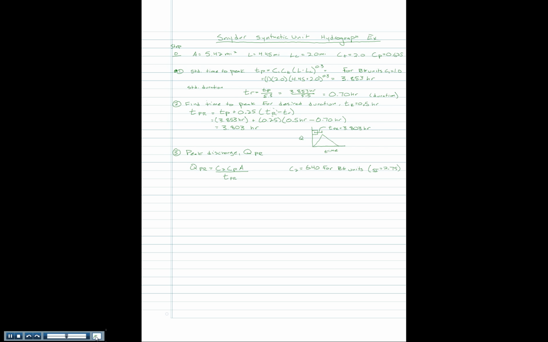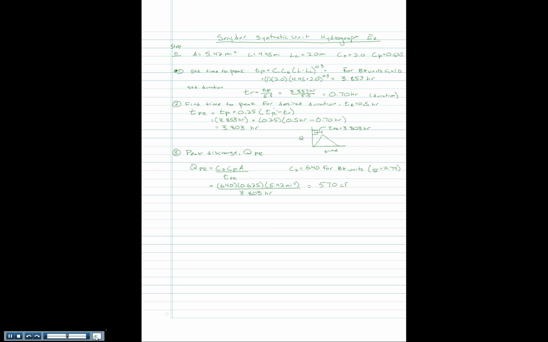Okay, so making that substitution, 640, 0.625, and that C sub P is one of the regional coefficients, divided by the 3.803 hours.